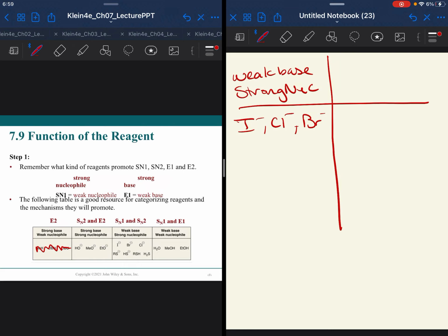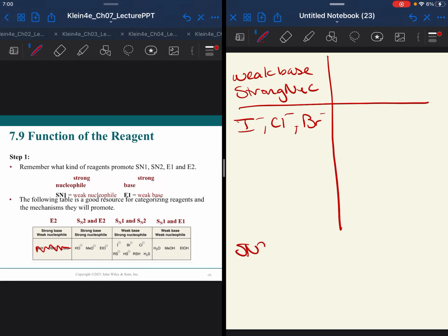And think about it. They're just balls of negative charge, a lot of electron density. So they are good nucleophiles that can be attracted to that electrophilic carbon. But they're also the conjugate base of a strong acid, so they're not good bases. They're very weak bases. So they're going to participate in substitution.